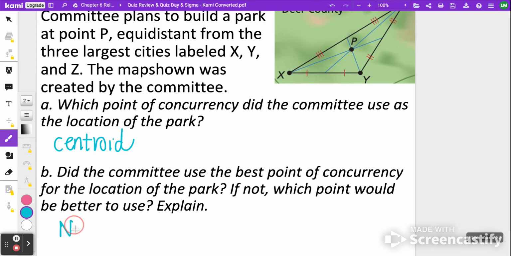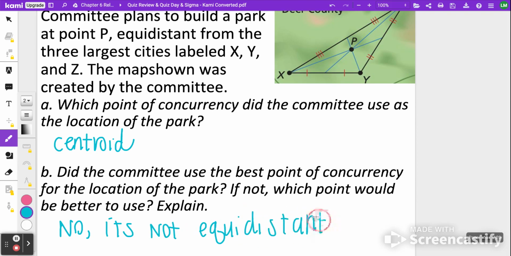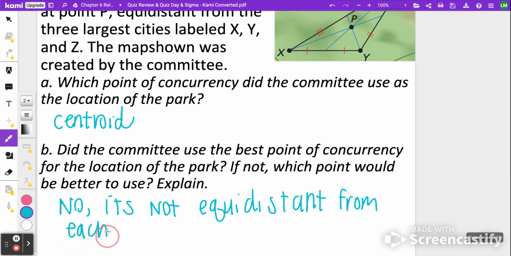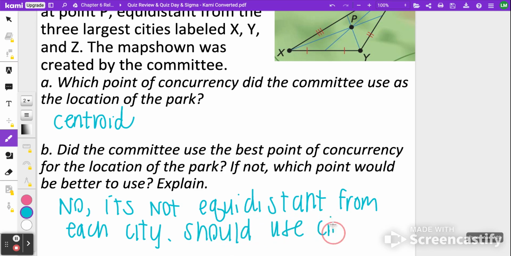So no, it's not equidistant from each city. Should use the circumcenter.